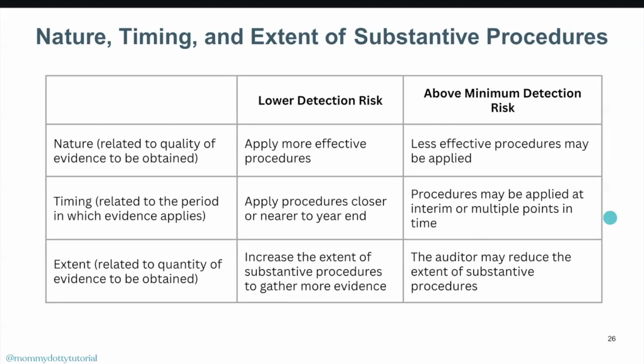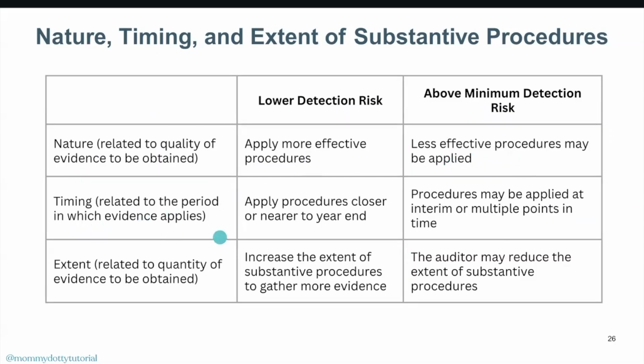This table on this slide summarizes the effect of detection risk on the nature, timing, and extent of audit procedures. For example, the nature is related to the quality of evidence to be obtained. Lower detection risk means you have to apply more effective procedures. If it's above minimum detection risk, less effective procedures may be applied.